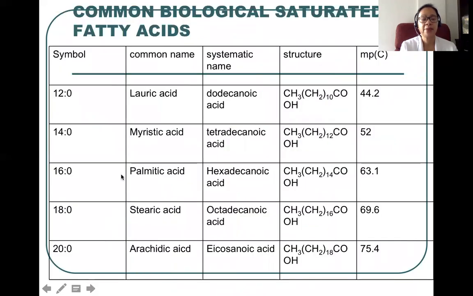Okay, so this table would show common biological saturated fatty acids. So these are examples, your lauric, myristic, palmitic, stearic, arachidic acid. So look at the symbol. If you have the 0 there, then definitely you're dealing with a saturated fatty acid. 0 means no double bond present.